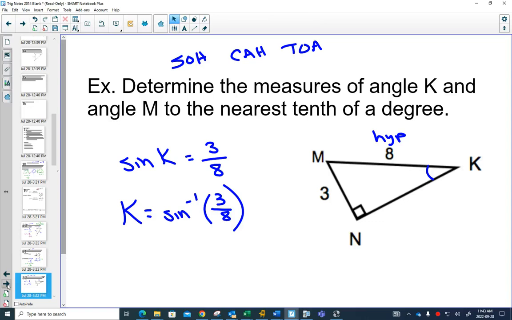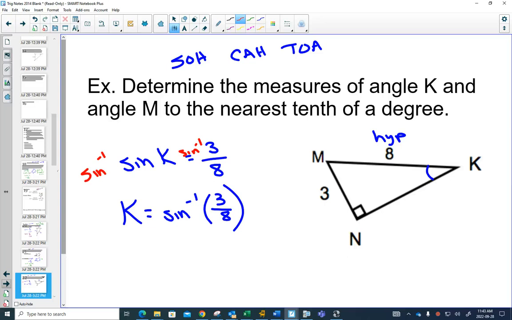Mathematicians, you know how you get rid of adding? You subtract something on both sides. You get rid of multiplying by dividing on both sides. You get rid of squaring by square rooting both sides. You get rid of the sine by sine inversing both sides. But mathematicians don't like to write that much on both sides.